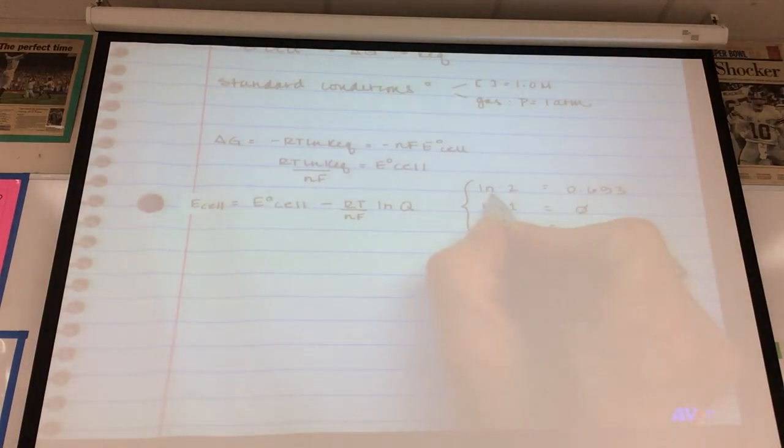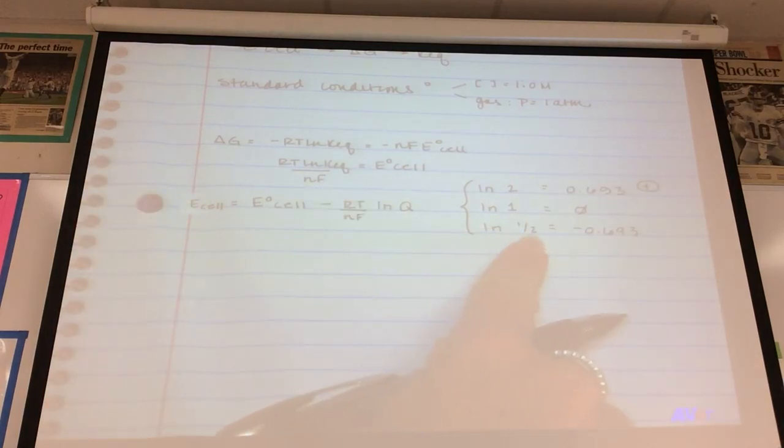The ln of a number greater than 1 is positive, correct? The ln of a fraction is? Now if you had ln of a quarter, and we're not even going to look at what it is because who cares, is it going to be closer to 0 or farther from 0 than this on the negative number line? It would be more negative, right?